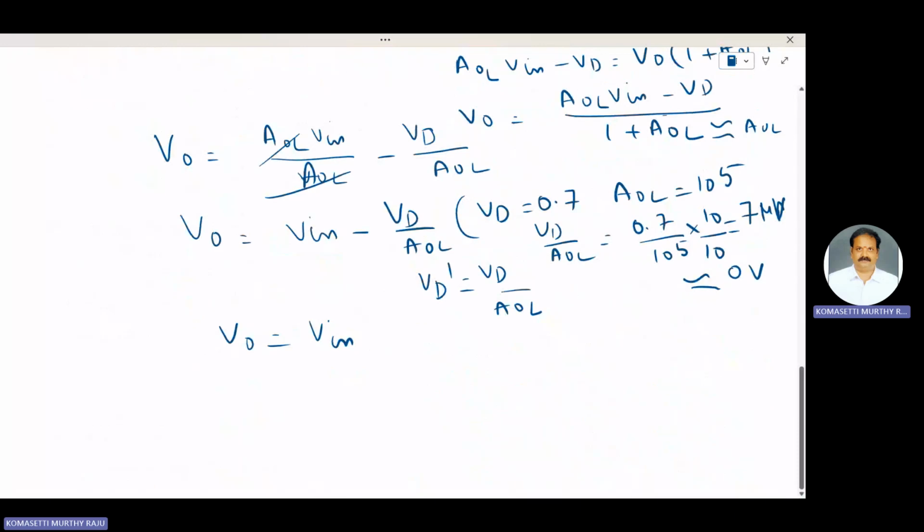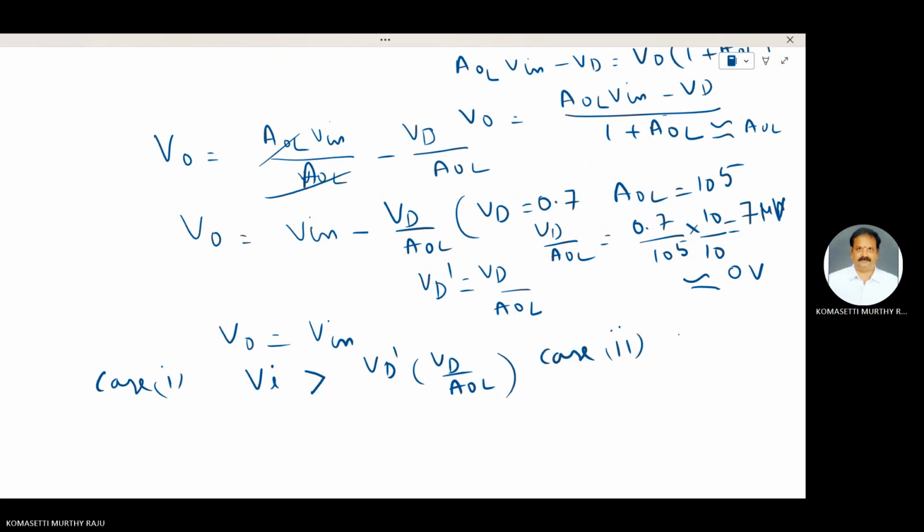Now we have to check when V0 is equal to Vin. Two cases are there. Case 1: Vin is greater than VD dash, or VD by AOL. Case 2: Vin is less than VD dash, that means VD by AOL.